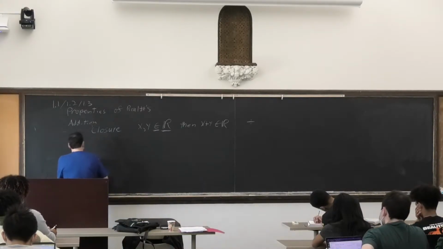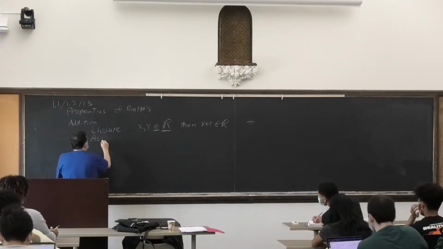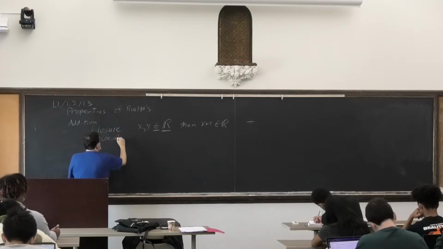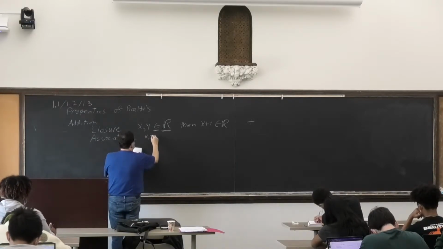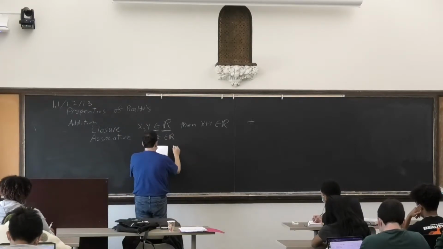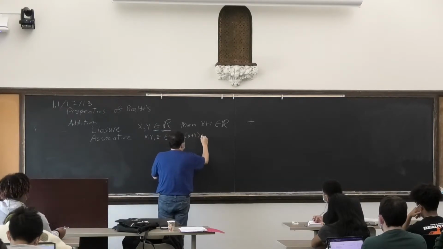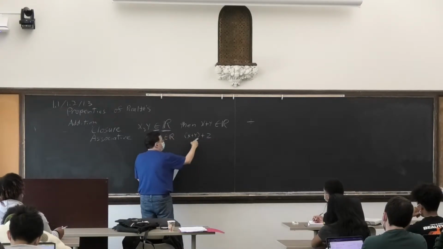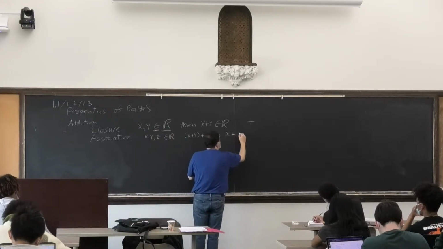Okay. We talked about the associative property. x and y and z are reals. Then x plus y plus z, the parentheses implying the order you do it, equals x plus y plus z.